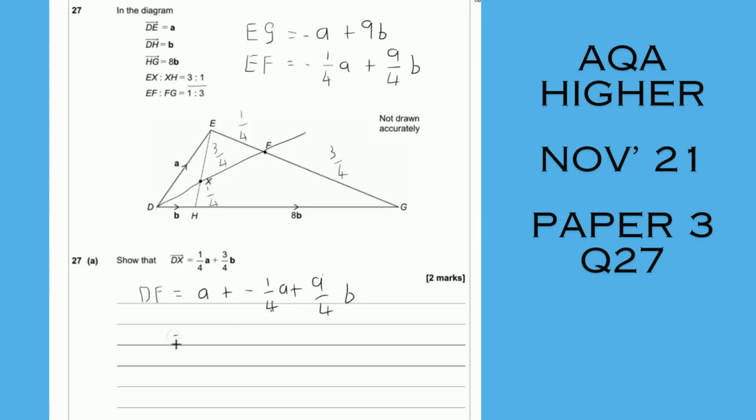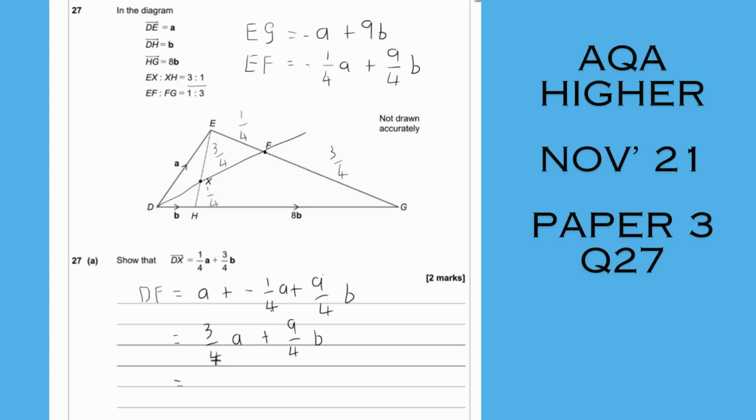Let's simplify. A take away a quarter A, so we've got 3/4 A, and we've got 9/4 of B. Compare what we've got for DF to what they gave us and what we showed in part A for DX.